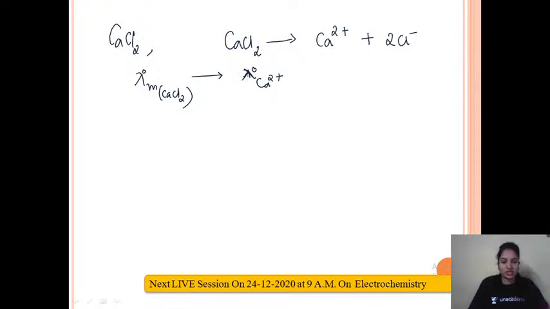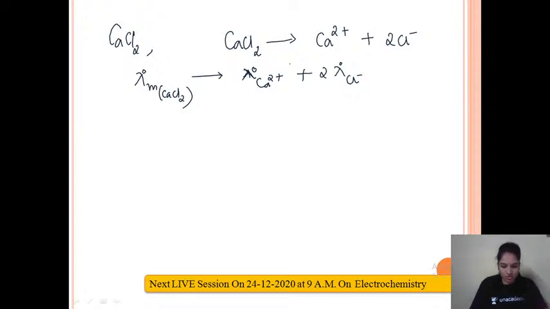The mu value is 1, so I am not writing that. Plus here 2 moles of Cl minus are produced, so 2 into lambda naught of Cl minus. So that is the meaning of mu. Here mu plus is 1, and here mu minus is 2. Right? Okay.